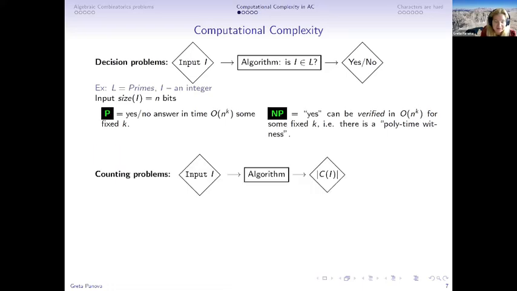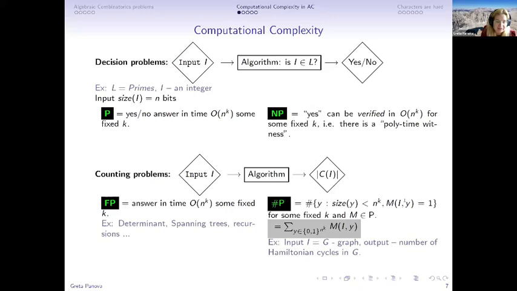Then there are the counting problems, which are the same thing, except now you want to have the number of things. So there is the class FP, which says that you can compute the exact number of objects, for example, if you're given a graph, maybe you want to compute the number of Hamiltonian cycles, or you're given a matrix, you want to compute its determinant, all sorts of things.